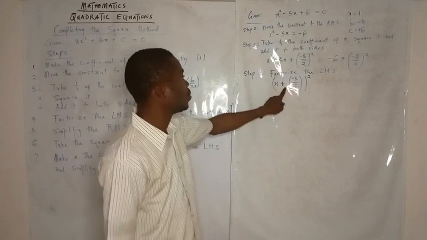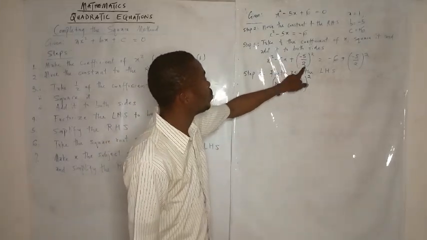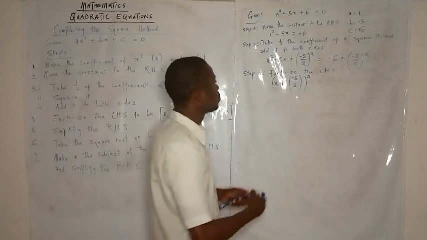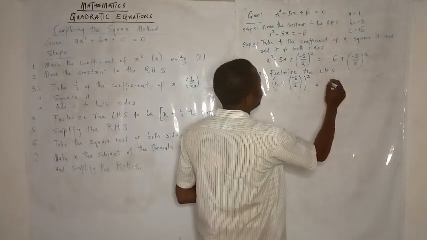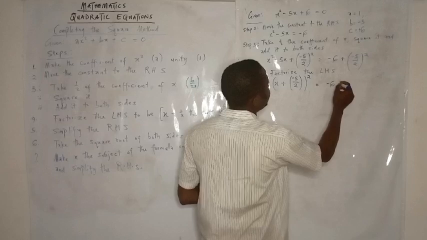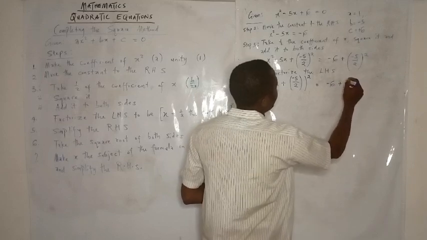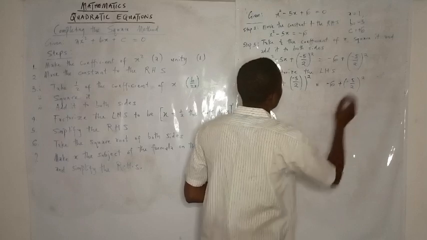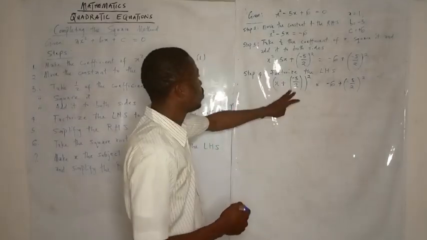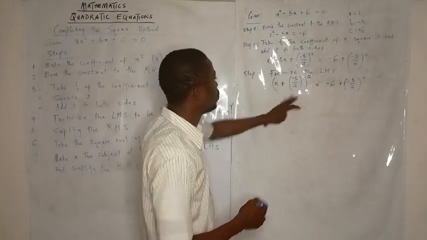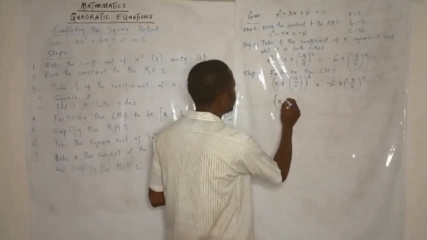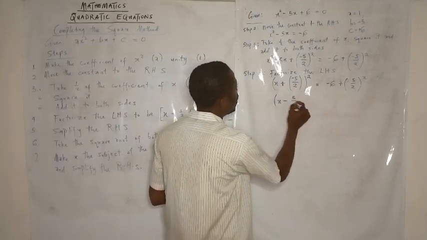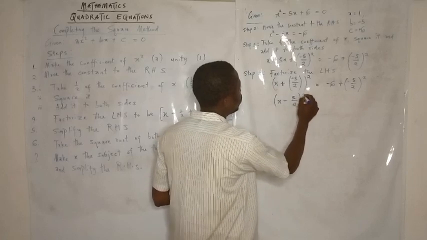This will be x plus, whatever you have in this bracket, you bring it here, and it will be all squared. This will be equal to -6 plus -5/2 all squared. So we can work on this bracket: x plus times minus will give us x minus 5 over 2 all squared.